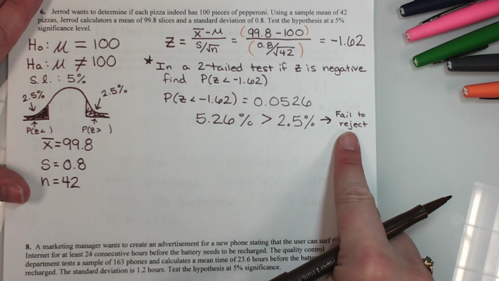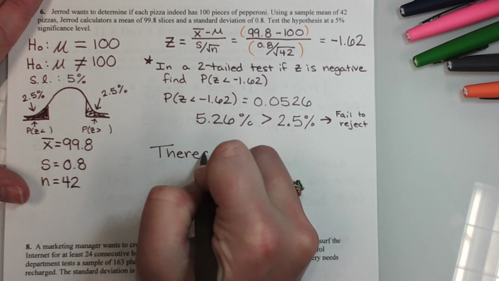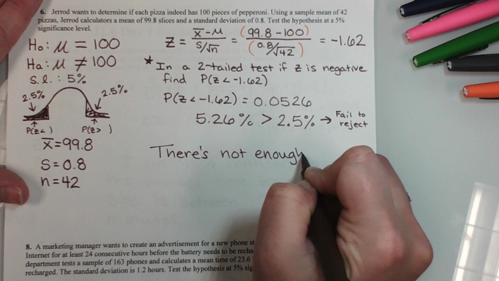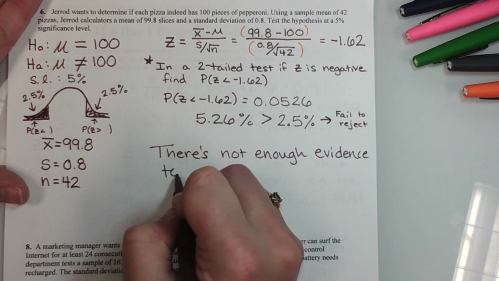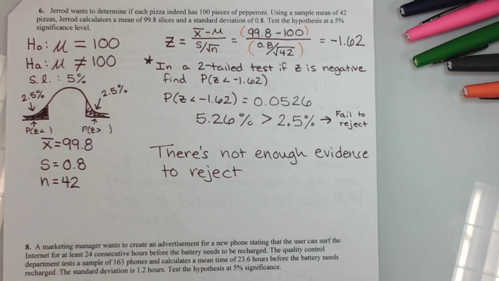In this case, when you fail to reject, you say there's not enough evidence. There's not enough evidence to reject, and then what would you have been rejecting? What was the null hypothesis?